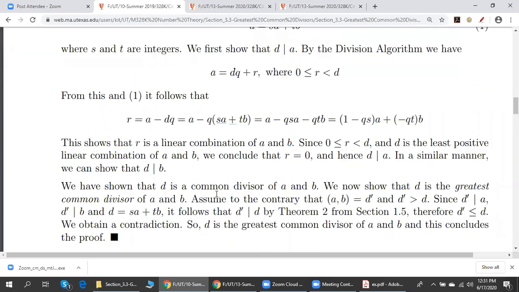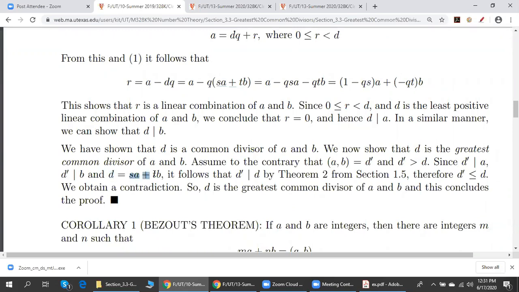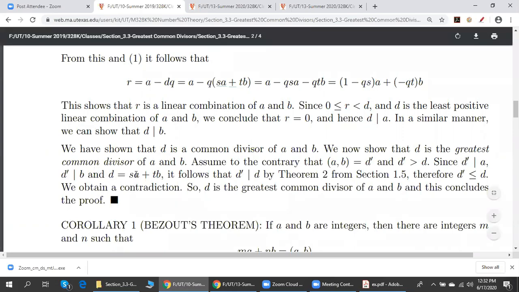But now let us go back to what is written here. Remember, D is an integer, a linear combination of A and B. D prime divides A and B. By Theorem 2 from section 1.5, since D prime divides A and B, D prime divides any their integer linear combination. But this linear combination is equal to D. Since D prime divides the right-hand side, D prime divides the left-hand side.